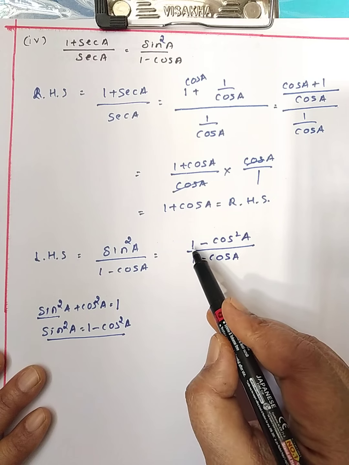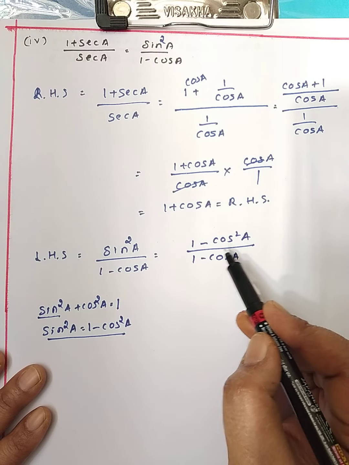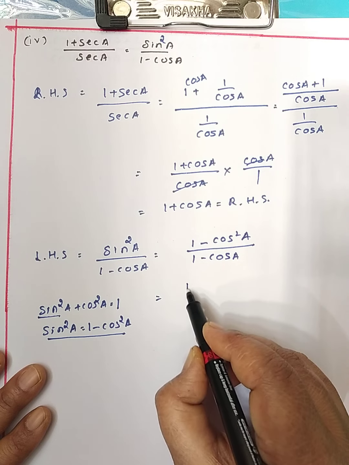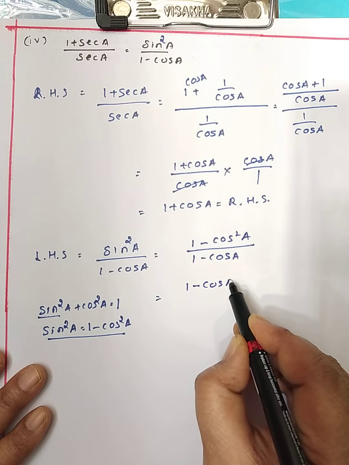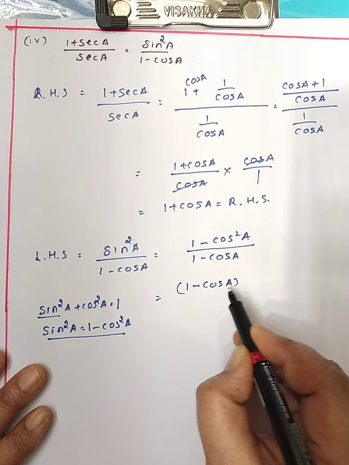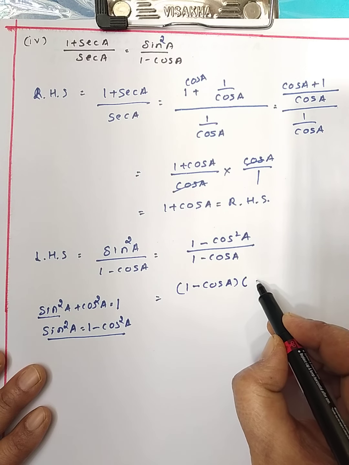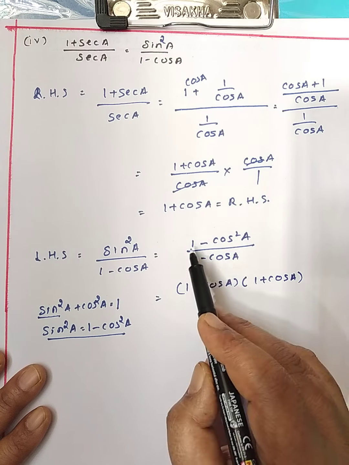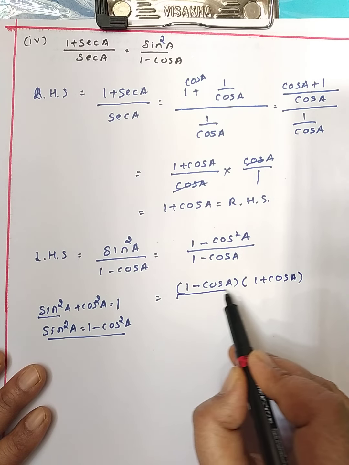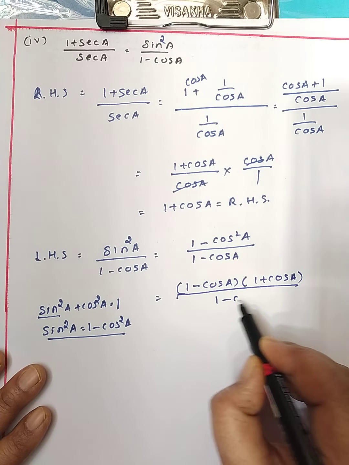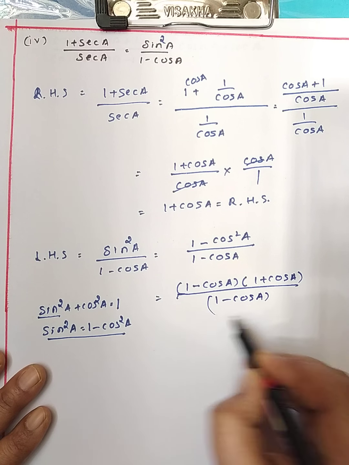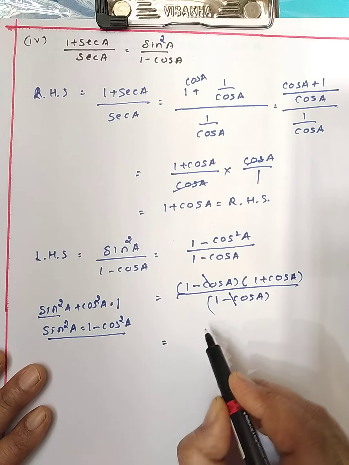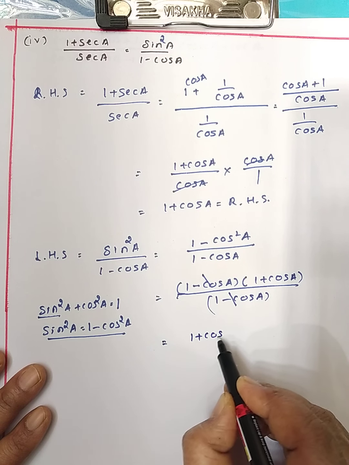This is of the form a square minus b square, that is a minus b into a plus b. What it becomes? That is 1 minus cos a into 1 plus cos a upon 1 minus cos a. 1 minus cos a cancels. Remaining is 1 plus cos a.